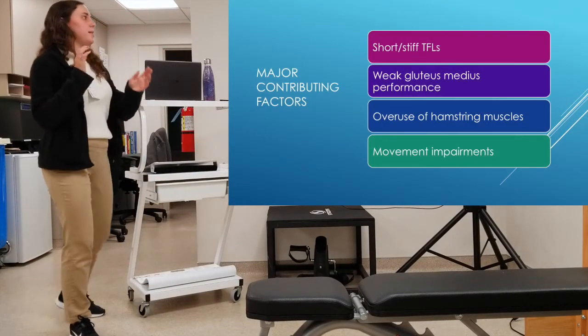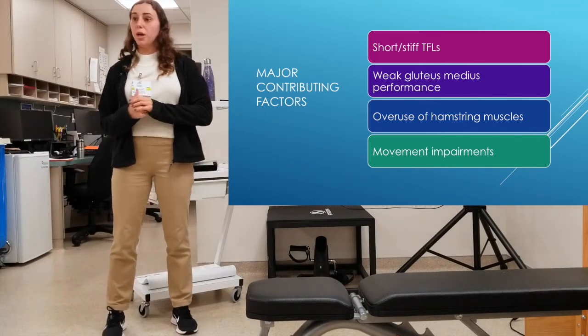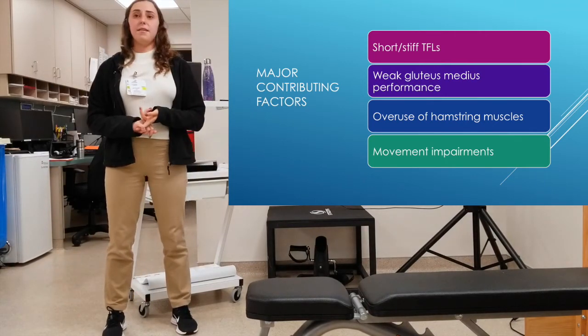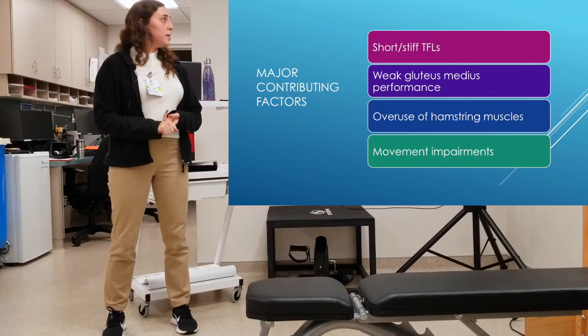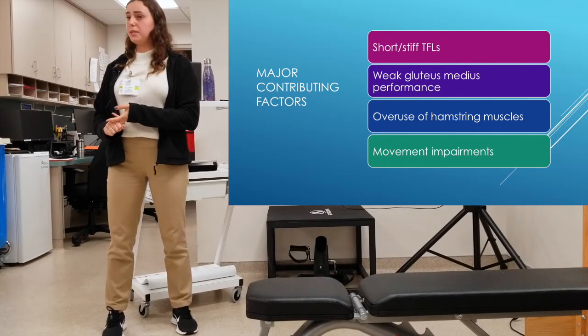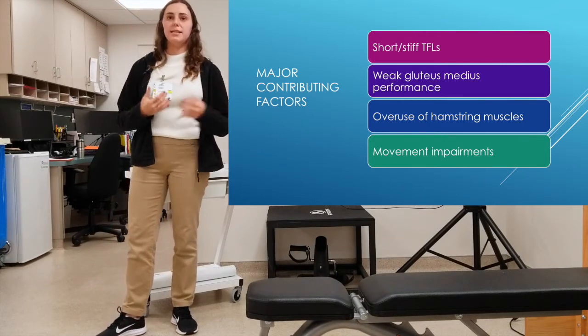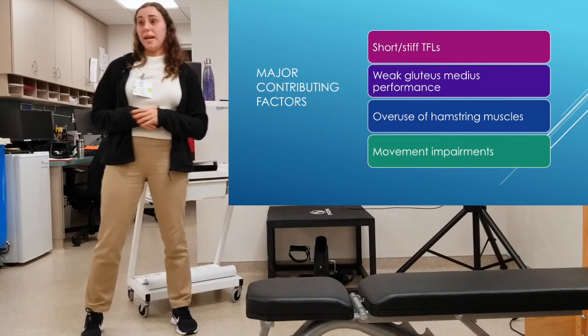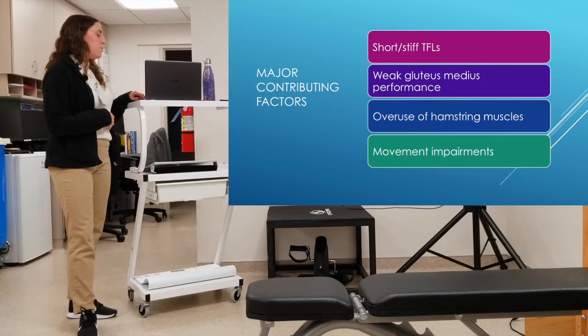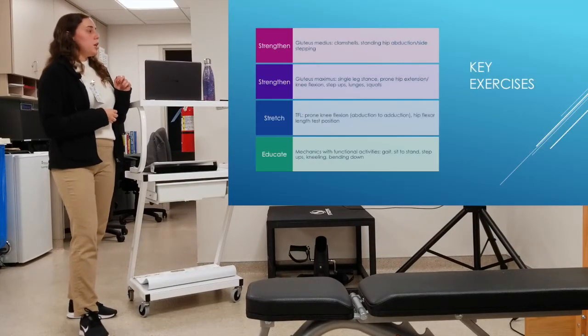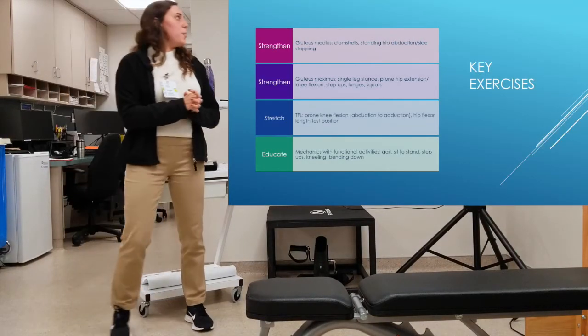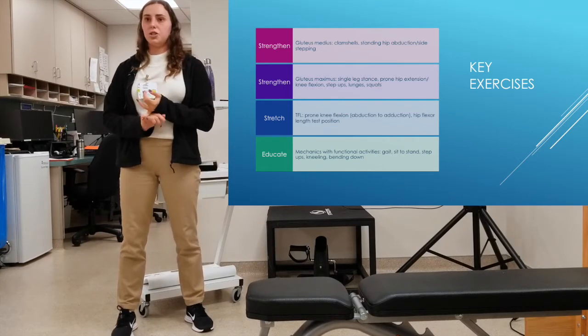So I determined that the major contributing factors to her pain were the short and stiff TFLs, the weak glute medius, the hamstrings probably short and stiff and overused, and then the movement impairments that she presented with. I wanted to address some of those mechanics to see if we could decrease that pain. So the exercises I came up with were first wanting to strengthen the glute med.